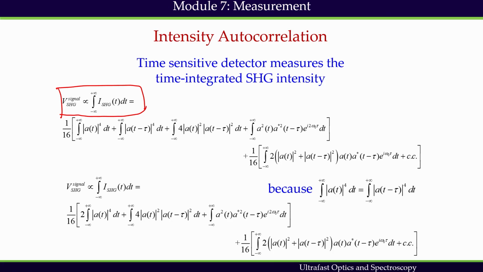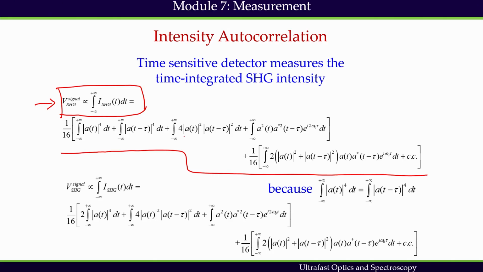It is an integration of the intensity profile. So in the end, what we measure is proportional to this V signal, which is nothing but this expression. And in this expression, it is very easy to do this math. One can carefully look at the different terms and get this expression.